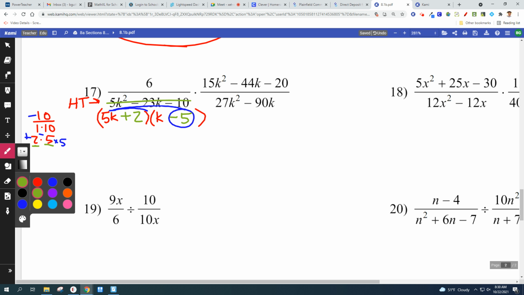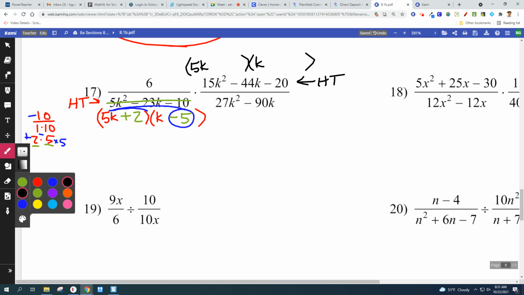Now, top right is also a hard trinomial. But the thing about it is, I mean, 15k squared could either be 15k and k, but I suspect it's going to be 5k again because I know the name of the game is canceling out. I suspect it's going to be a 5k just because I bet it's going to cancel that 5k plus 2.